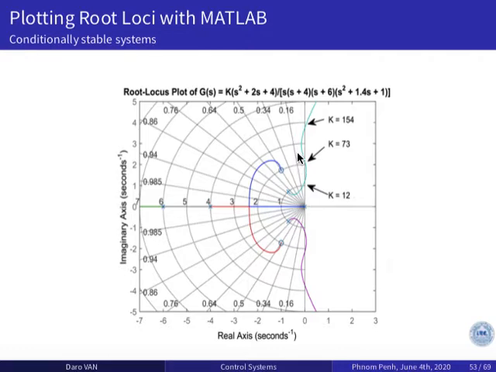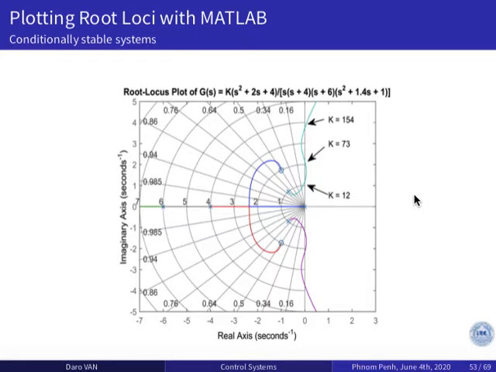And you know that the system is stable only in the negative half plane. If the poles stay only in this part, the system will be stable.